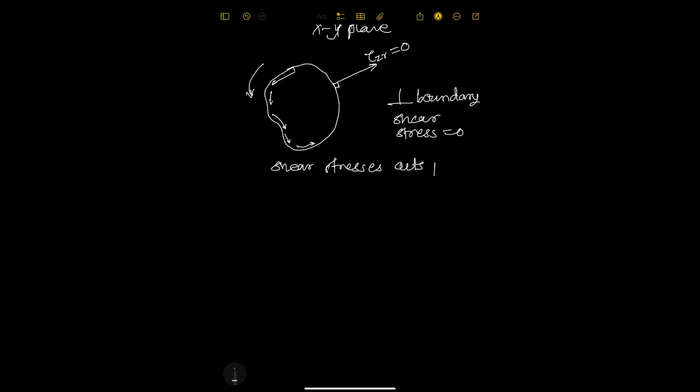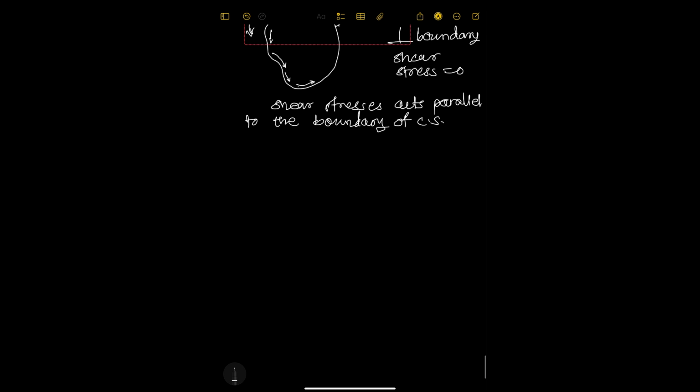Shear stresses act parallel to the boundary of the cross section.